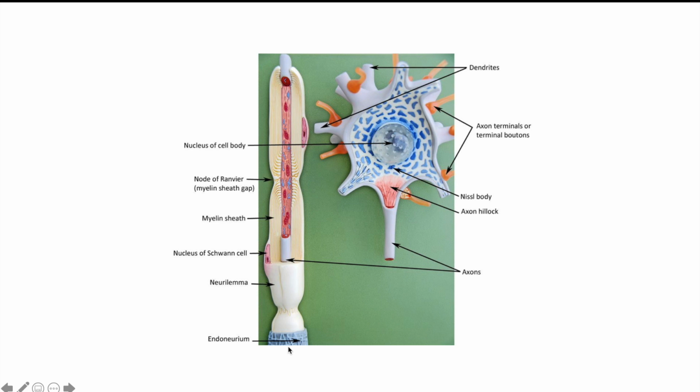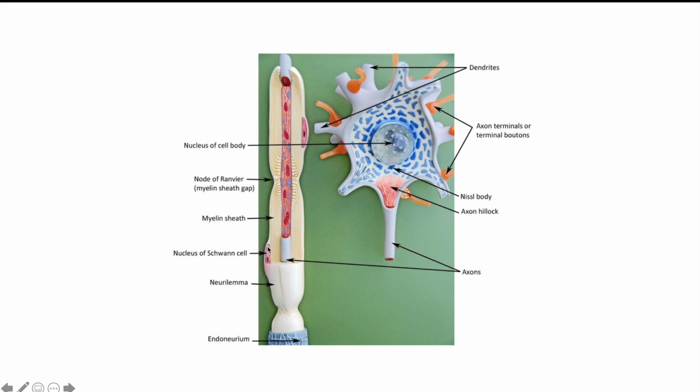The material that insulates this wire is made by a type of cell called a Schwann cell. Schwann cell. So notice that this right here is the nucleus of a Schwann cell.